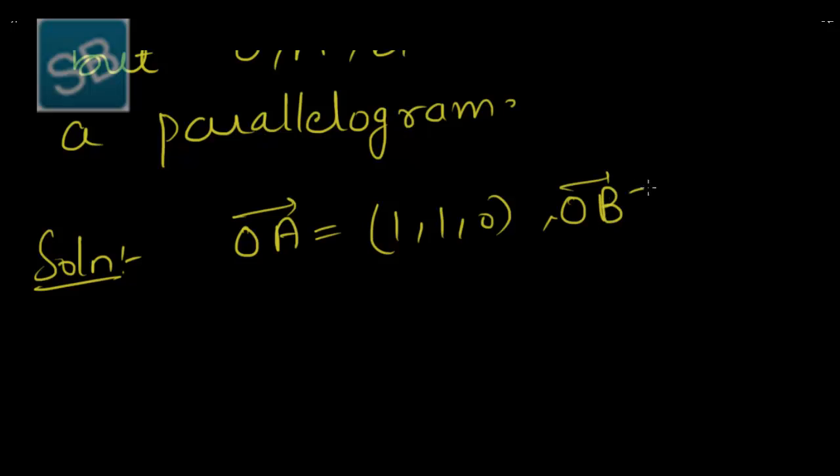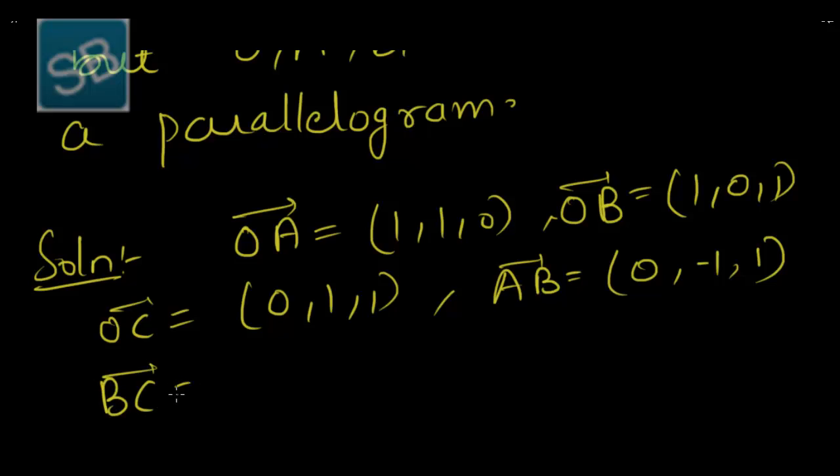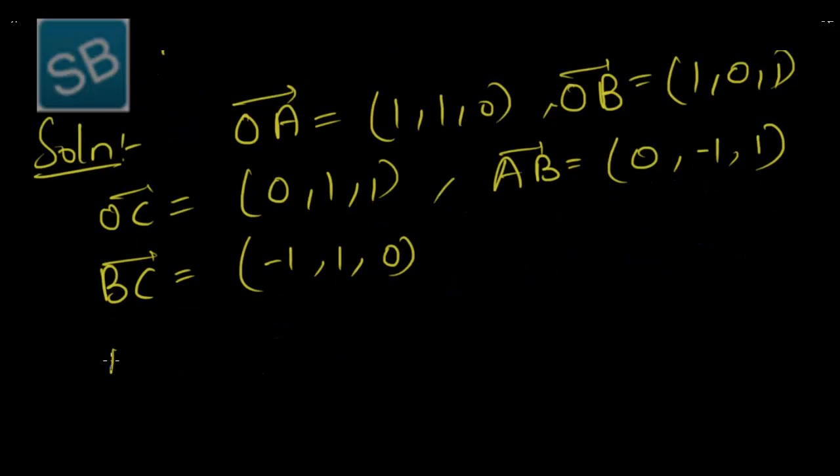Position vector of OB will be 1, 0, 1, OC will be 0, 1, 1, and position vector of AB becomes 1 minus 1, 0 minus 1, 1 minus 0, and position vector of BC is 0 minus 1, 1 minus 0, 1 minus 1, and position vector of CA or AC is 0 minus 1, 1 minus 1, 1 minus 0, which is 1.